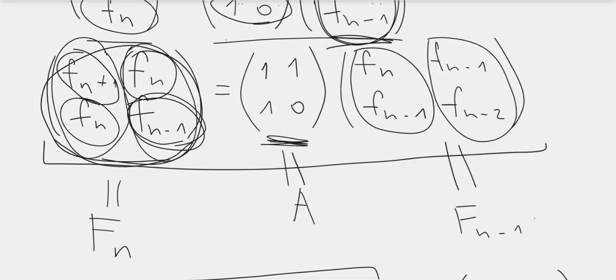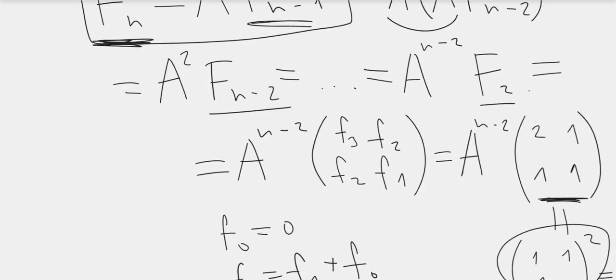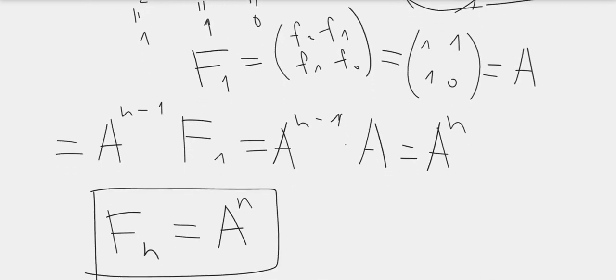So it's Fn plus 1 multiplied by Fn minus 1 minus Fn multiplied by Fn.